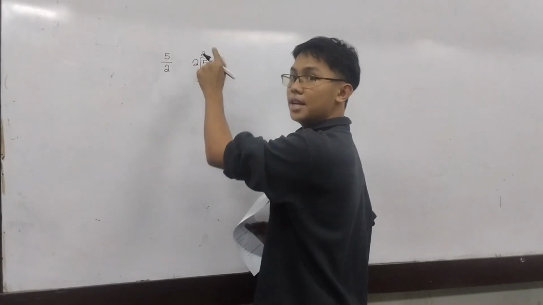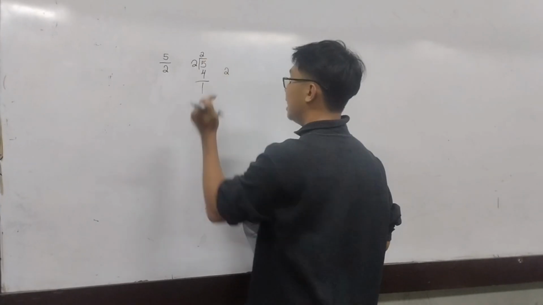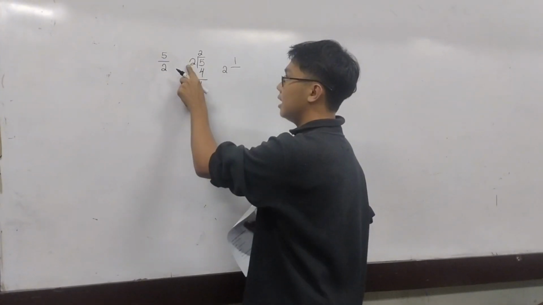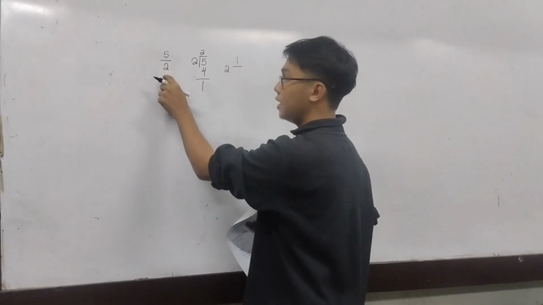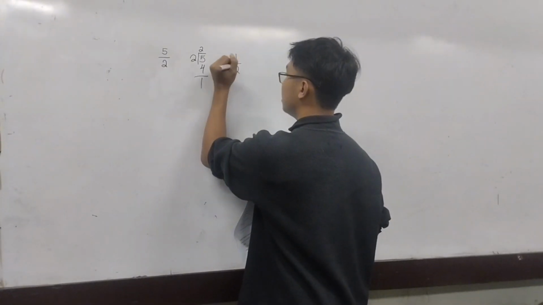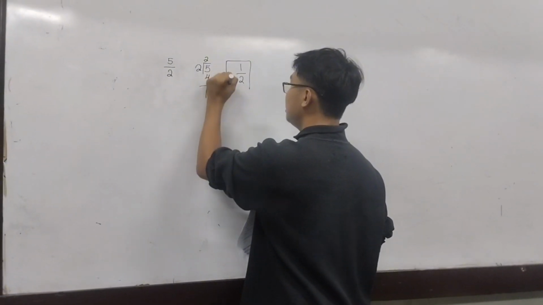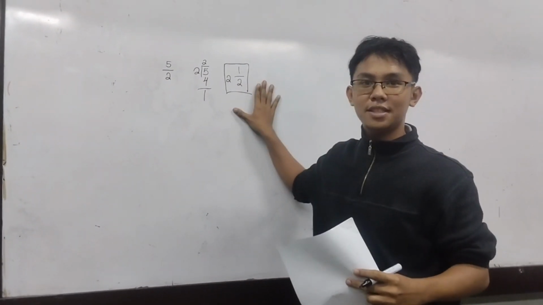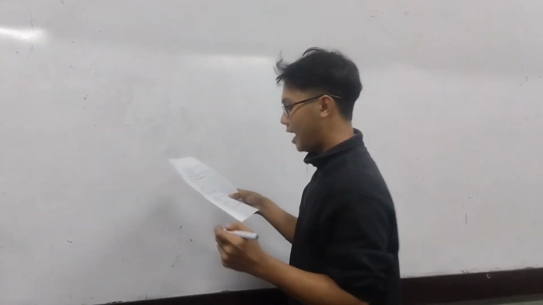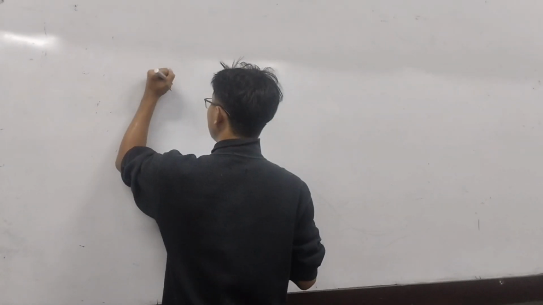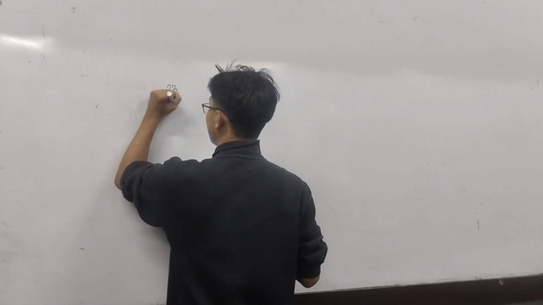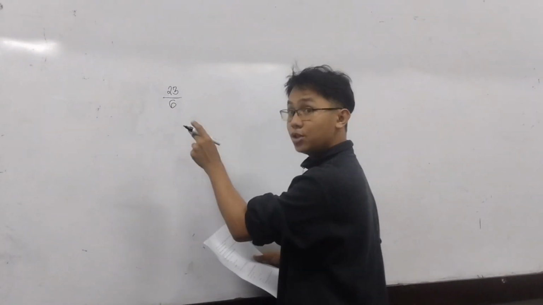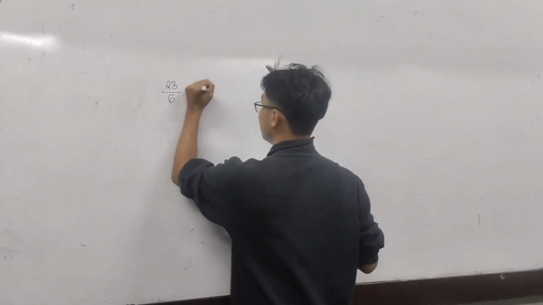The quotient should be the whole number, and the remainder should be the numerator. And just copy the denominator. Let's do the next example, where we need to divide the two numbers.